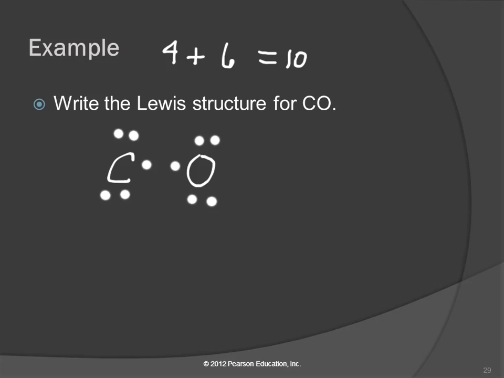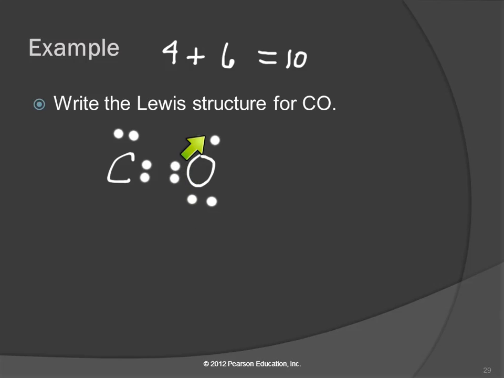So what I'm going to do instead is take a lone pair, take this pair, and put it between so that they can share that. So I'm going to erase these and move them. Same number of dots. But now because this pair of electrons is shared, it gets counted by the carbon and by the oxygen.